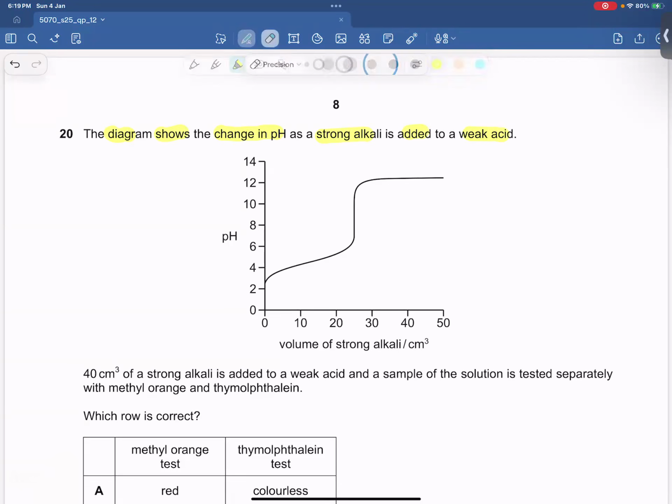Since volume of alkali is given on the x-axis, this alkali has to be in the burette and this weak acid has to be in the conical flask.